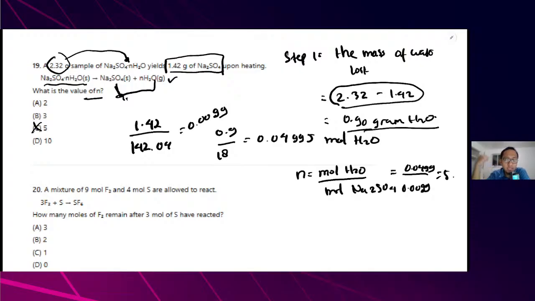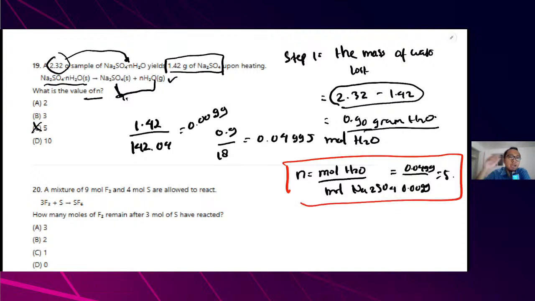It's very, very important. It's crucial because we don't have any other information, so we must know this information. Like mole H2O over mole of salt. All right, this is for hydrate.